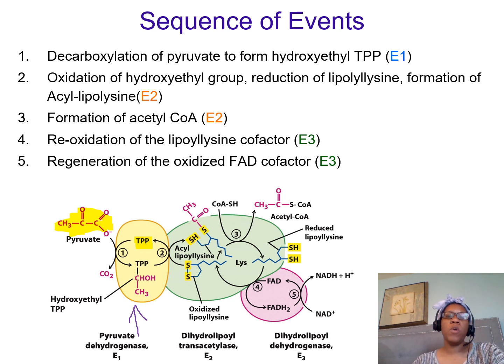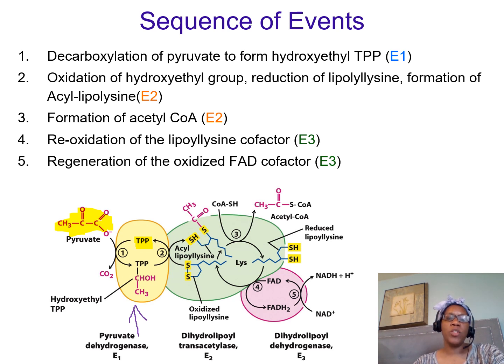And then we form the hydroxyethyl TPP. So basically the CO2 leaves and the hydroxyethyl group attaches to TPP in the E1 enzyme. So that's step 1, decarboxylation and the formation of the hydroxyethyl, the 2-carbon part of pyruvate, attached to TPP.